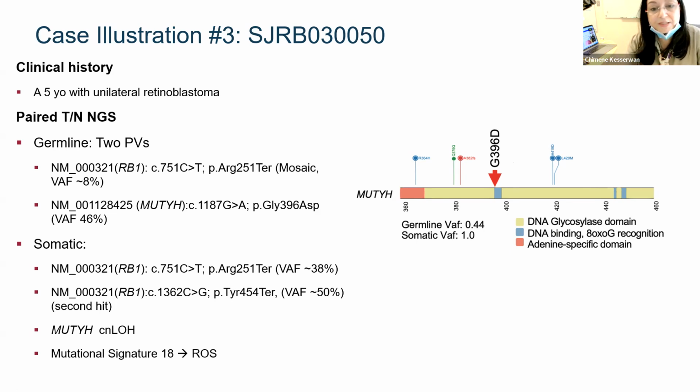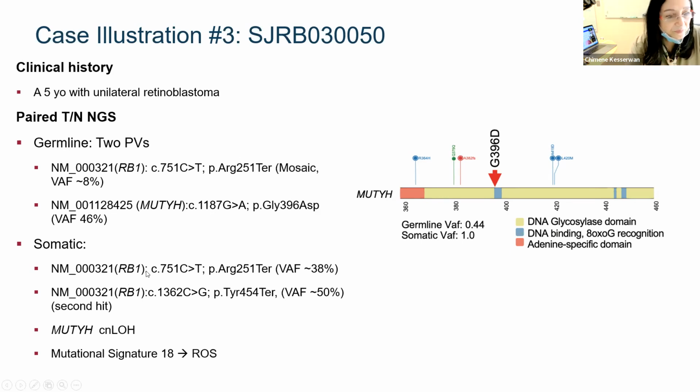But our information is still evolving. Since we have tumor data, we wanted to see if we can integrate any of our tumor data to better refine the relevance of this variant. We know it's pathogenic, but we want to see, did it contribute to RB1 and to retinoblastoma? We do not have such an association in the literature, and we know that the patient has RB1, although it is a mosaic one.